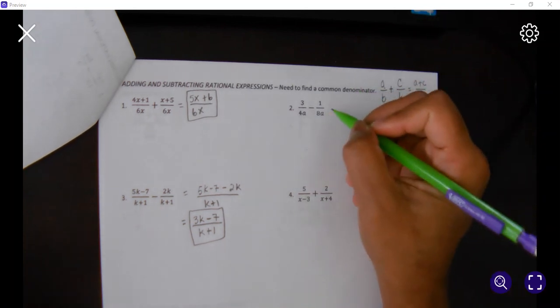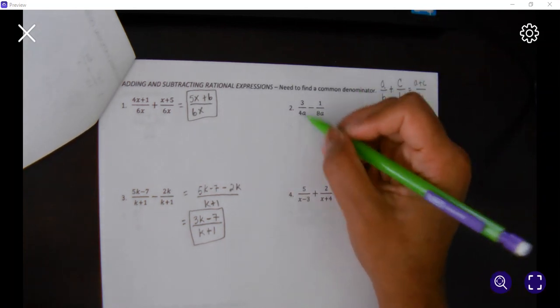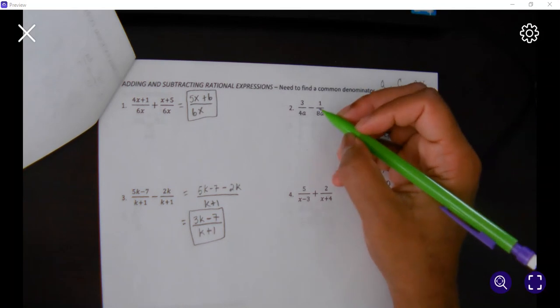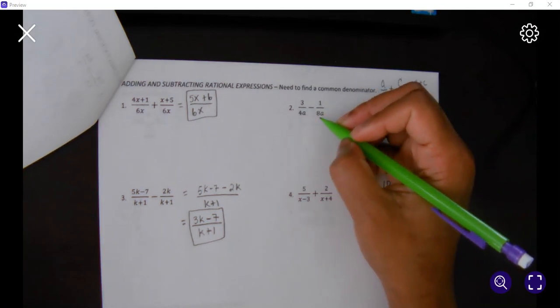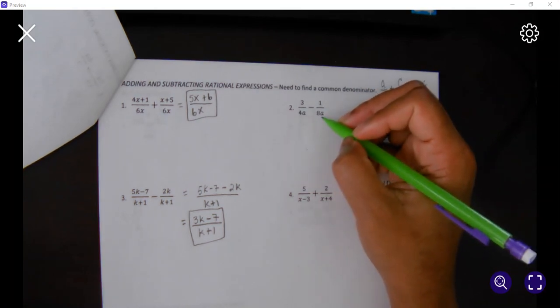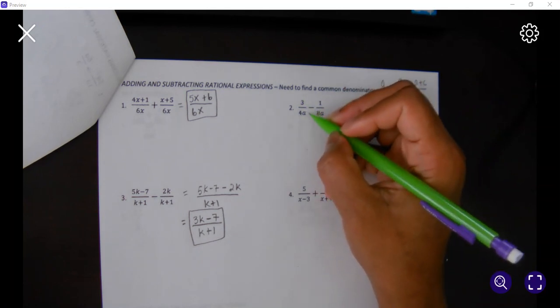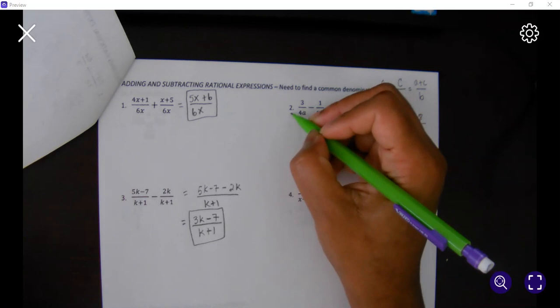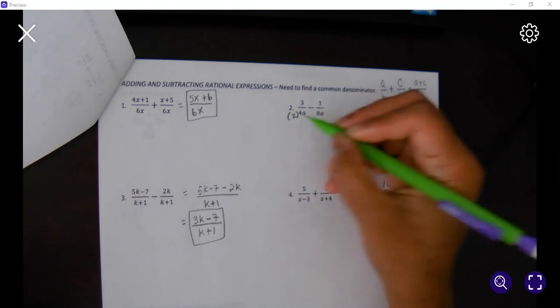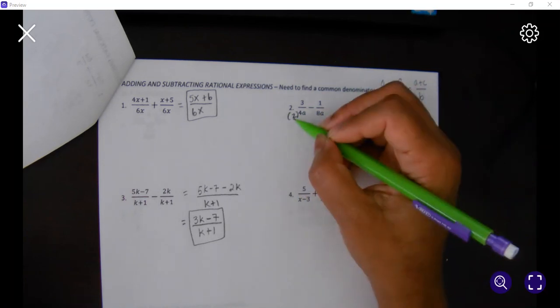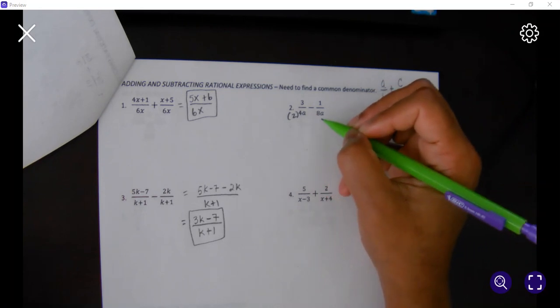Over here, now we're going to have to look for a common denominator because there's 4a here and there's 8a here. To make this have 8a, if I multiply by 2, then I would have 8a. So 2 times 4a would be 8a.